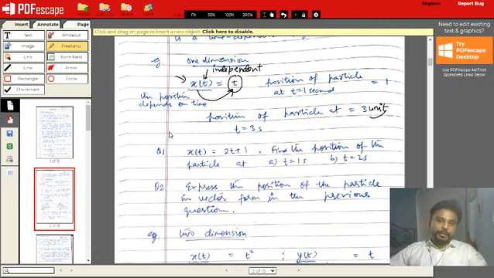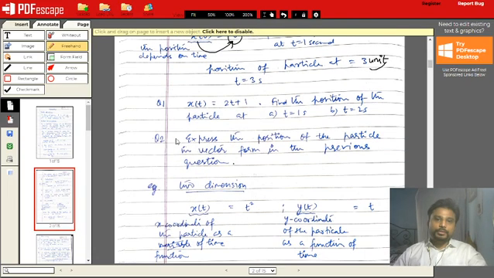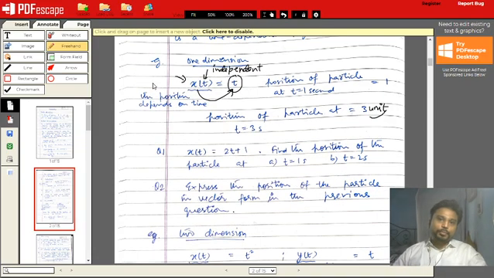Okay, next let's do a question. From this question we would learn how to find the position of a particle. The position of the particle in terms of time is written as this equation, that is 2t plus 1. Like we learned, we have to put the value of time in this part of the equation to get the position. So the position of the particle at t equal to 1, we would get by putting the value of t equal to 1 over here.